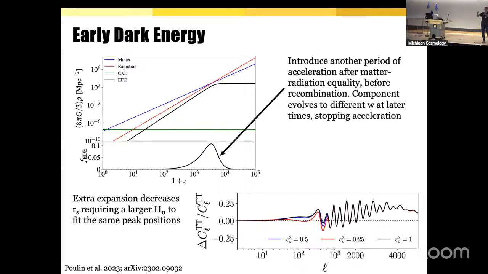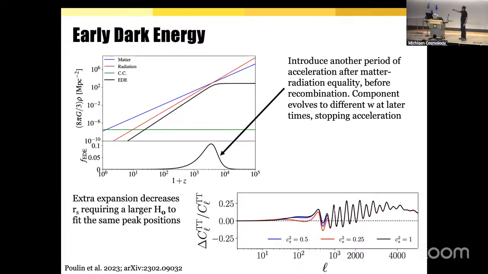You can put an extra piece in that integral, right? So you can change that sound horizon at recombination and make it bigger. And in this case, you can then shift all of the CMB and the BAO measurements, and you can get a higher H naught. In principle, this is a way of doing this.